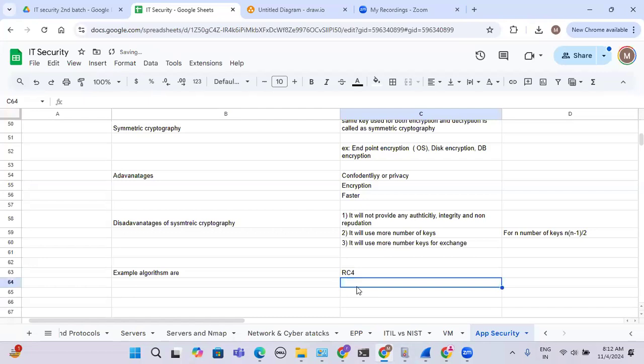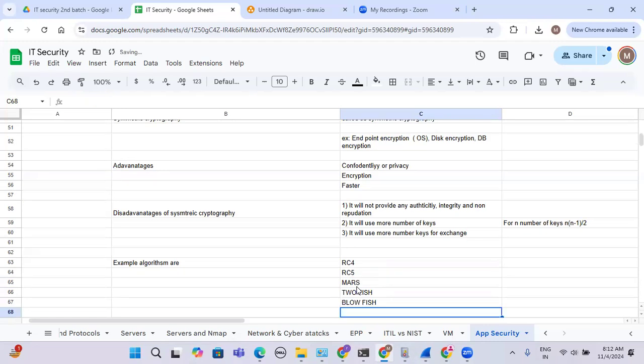Second, he invented one more algorithm, RC5. In a similar way, Mars is another symmetric cryptography algorithm. We also have Twofish, which is another algorithm, and Blowfish, which is another algorithm.